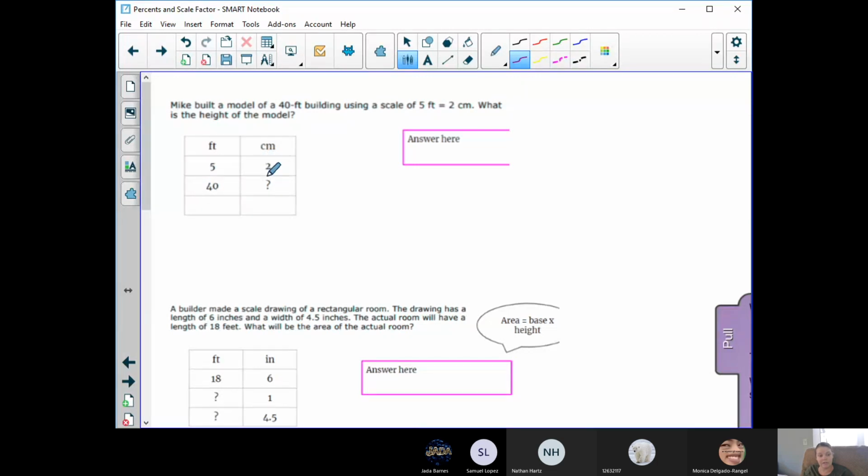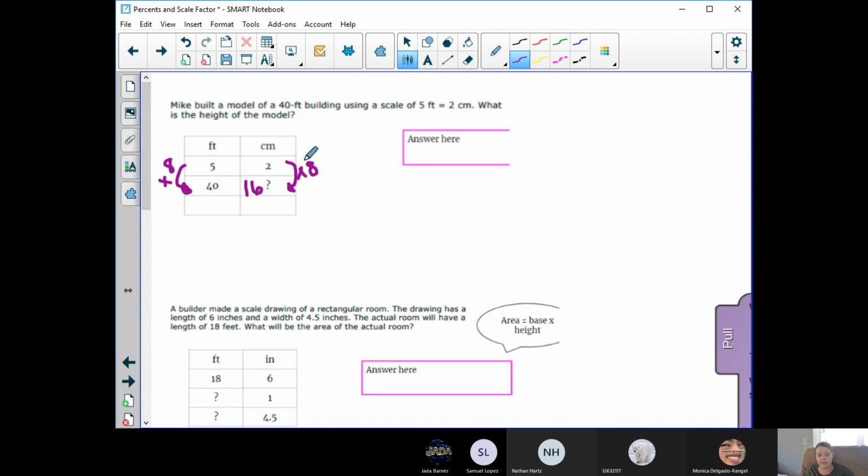And if we want to know how many centimeters are on the scale to the actual building, you need to figure out from 5 to 40, what operation, multiplication or division am I doing, and by what value? So 5 times what is going to give me 40, and we know that's 8. And if I do it to one side of the table, I have to do it to the other side. And we would take 2 times 8 to find this value right here. So you should have 16 on this one, okay?